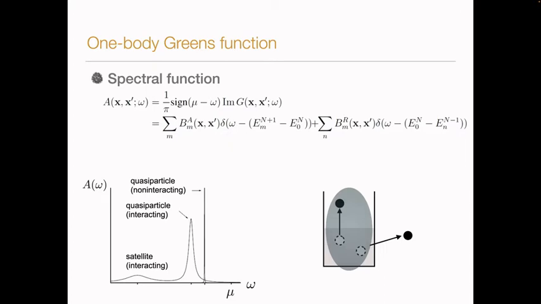A typical sketch of a spectral function is here on the left. If you don't have interaction in your system, you have just delta peaks, which represent the energy of the quasi-particle. When you switch on the interaction, the quasi-particle has some broadening and other peaks appear.